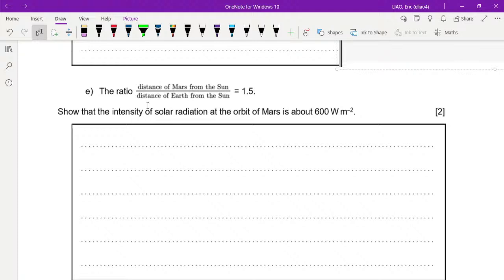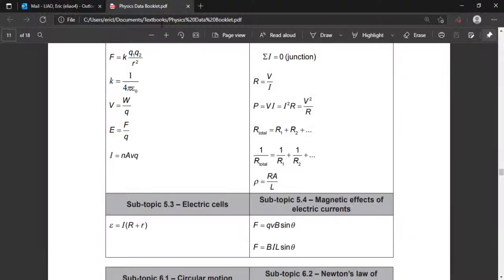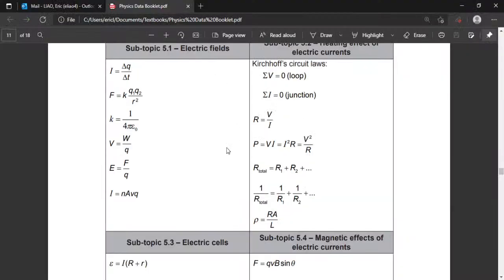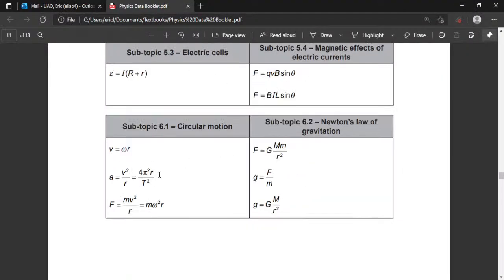Ratio the distance of Mars from the Sun. How is distance proportional to R over intensity though?